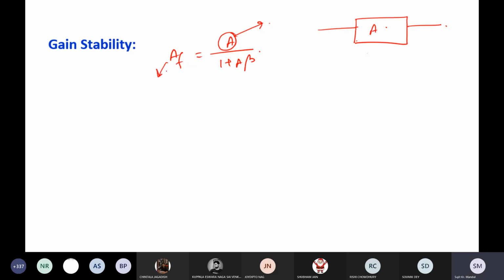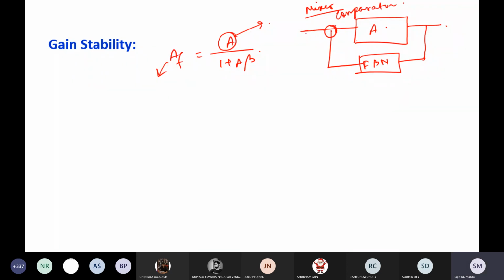And this is the gain when the feedback network is connected to this amplifier. From its output to the feedback network, it is connected to the input of the amplifier. And this may be one comparator or simply a mixer. This is a mixer or comparator.